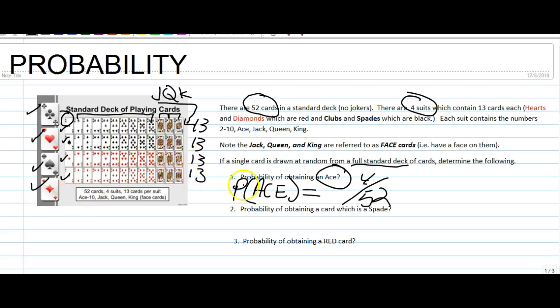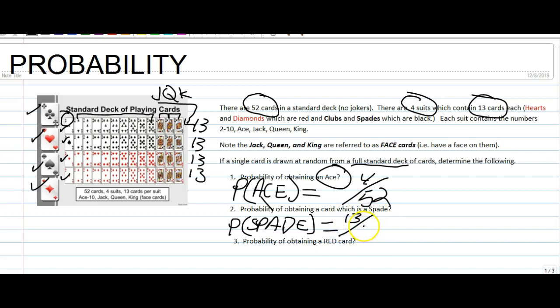The next question is, what is the probability of obtaining a spade? So if I get any of the cards with a spade on it, then what I want to happen has happened. I have the ace of spades, the 2 of spades, the 3 of spades, the 4 of spades, etc. And again, there are 13 cards in each suit, so there are 13 spades.